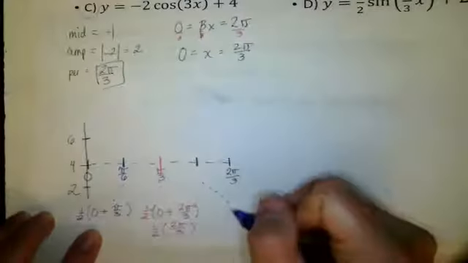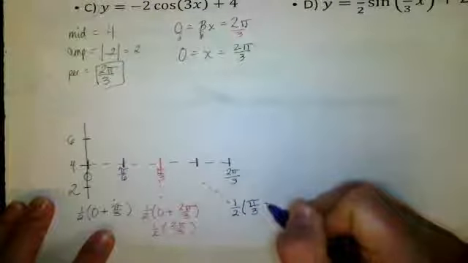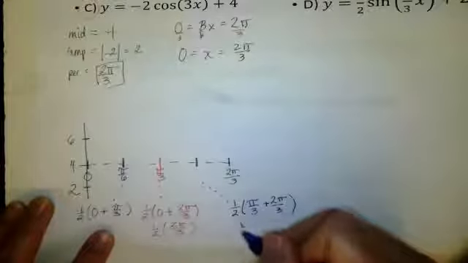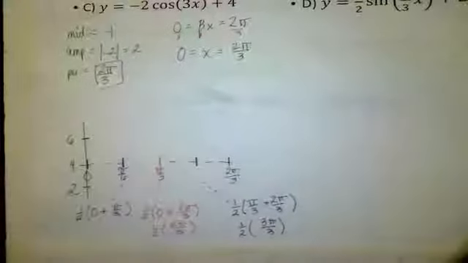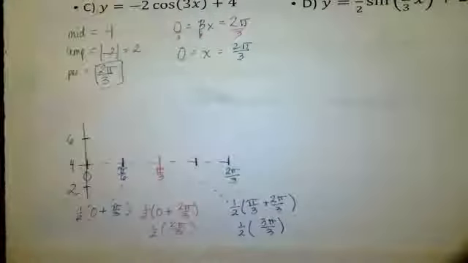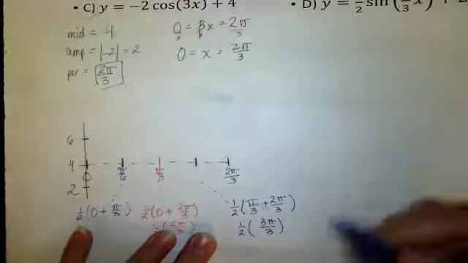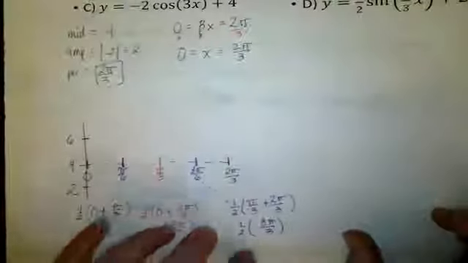What is halfway between pi over 3 and 2 pi over 3? So that becomes half of 3 pi's over 3, which becomes 3 pi over 6, which reduces to pi over 2. And I'm going to leave it 3 pi over 6.